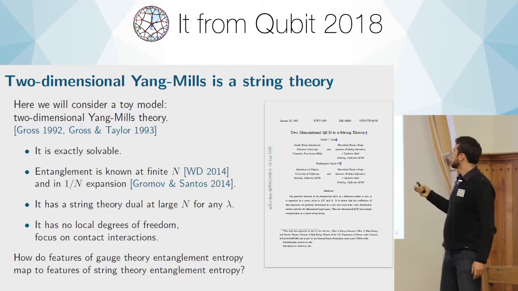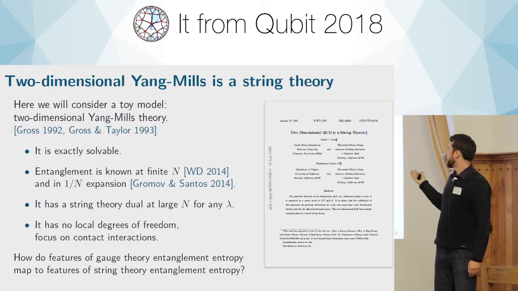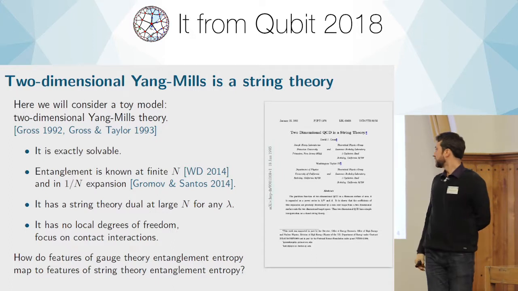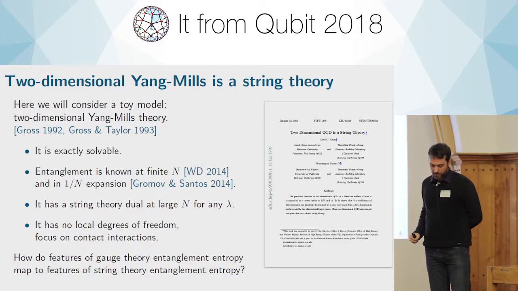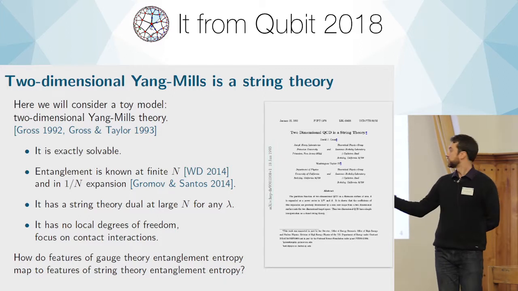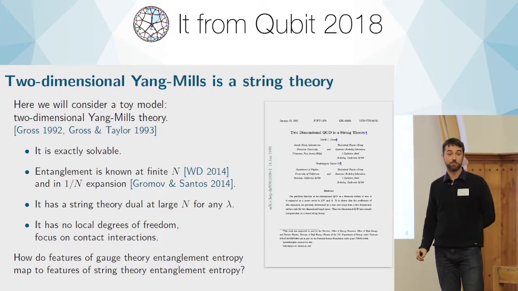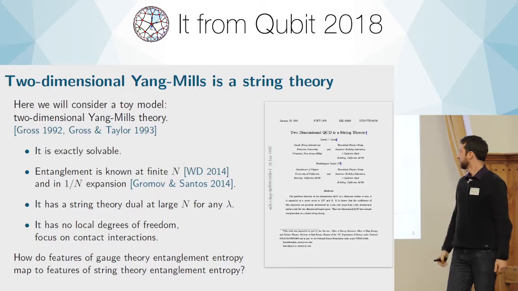One understands the entanglement on the gauge theory side quite well. You can do this at finite N, or understand also the 1 over N expansion of the entropy. As I mentioned, it has this string theory dual, which can be understood. So you have to take the large N limit, but you can understand it at any coupling. So you're really working in the stringy regime.